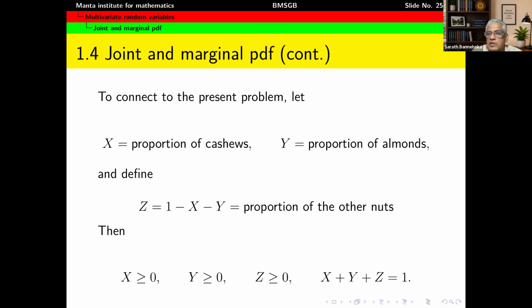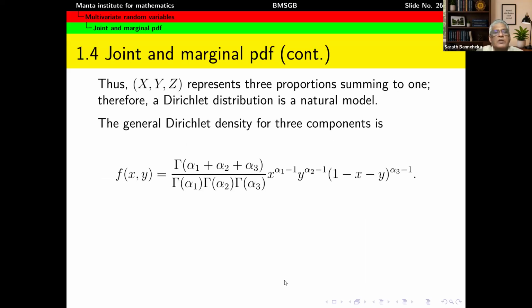Even though there are three variables, there are only two variables which are free to move, because z has to be always 1 minus x minus y. So we have a situation where x plus y plus z is equal to 1, and x, y and z are all between 0 and 1, all greater than 0. Therefore, theoretically, we can probably try the joint distribution of x, y, z to be Dirichlet, right?